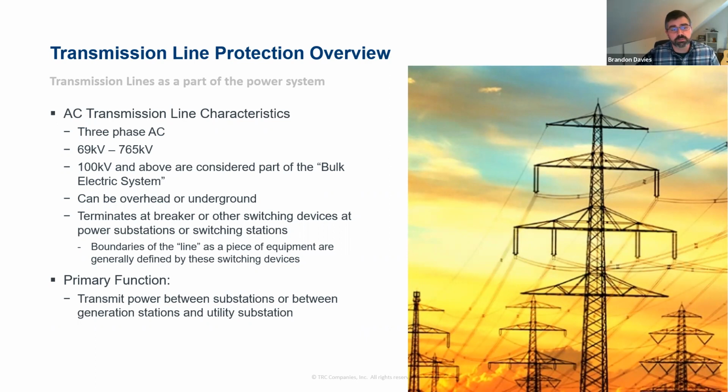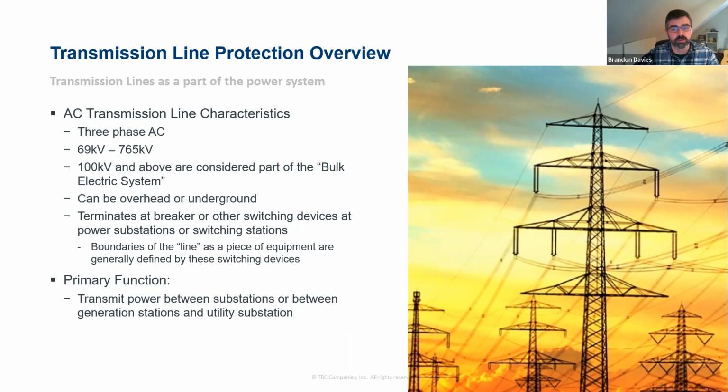AC transmission can be either overhead or underground, or under the water. You can have underwater cables, and hybrid varieties including both, so you might have an overhead section and an underground section. I don't have a specific statistic, but I would say almost all of our transmission system is overhead, based on the high cost of underground transmission lines.